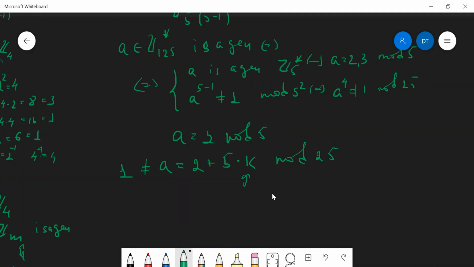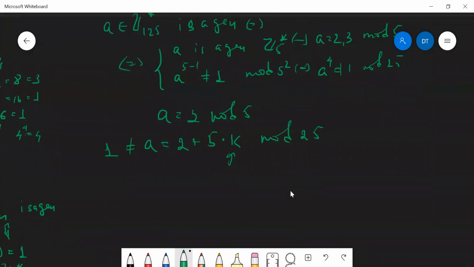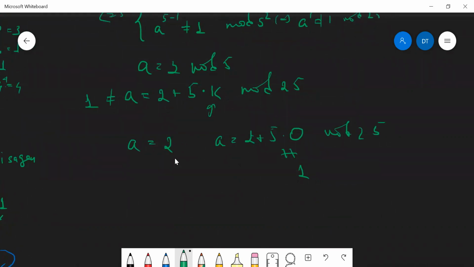That's how you list all the options for the element A. So, for example, let's try the element 2 itself. Then A is equal to 2 plus 5 times 0, modulo 25 is just 2, and it's not 1. So the element 2 is a good option here.